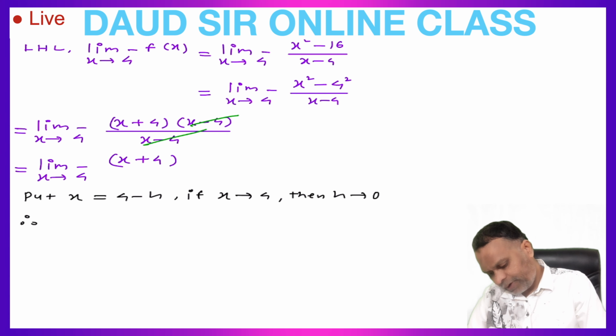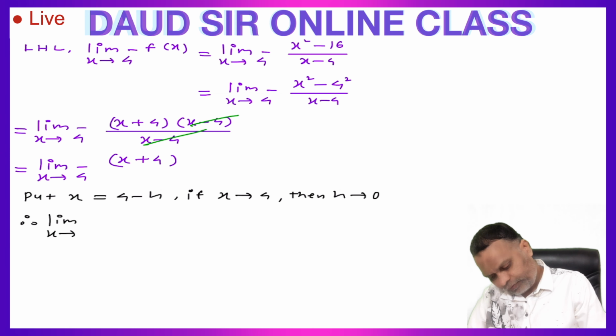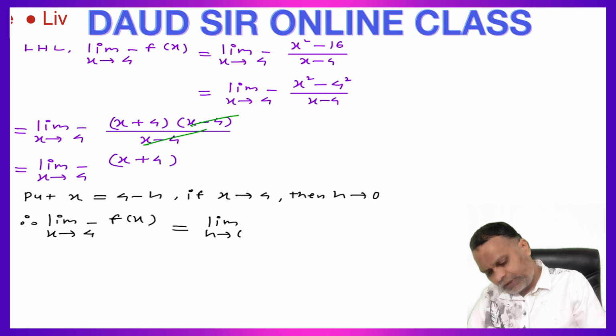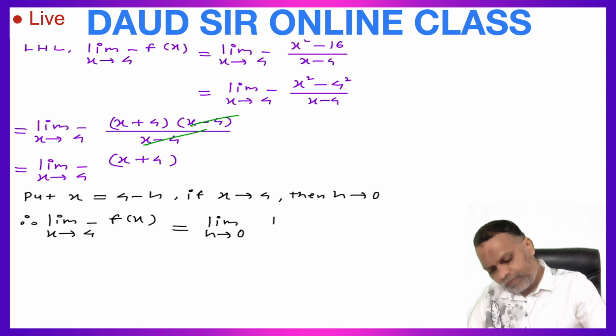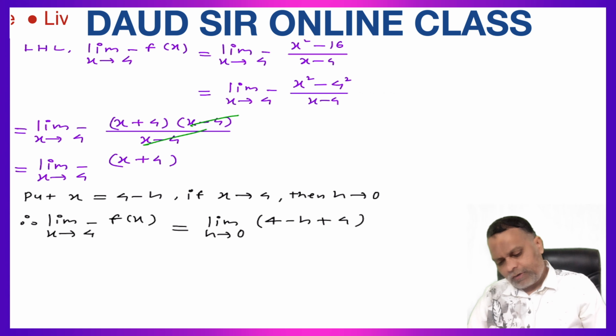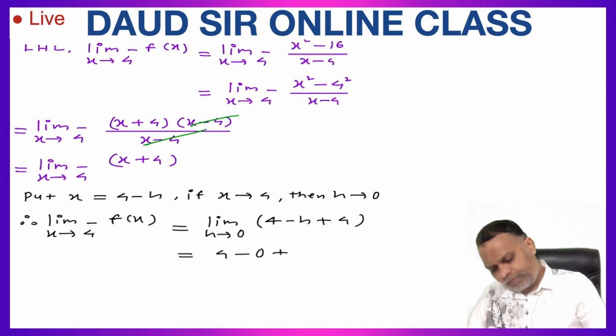Therefore the left hand limit will become limit h tends to 0, x is equal to 4 minus h plus 4. Substitute h is equal to 0. 4 minus 0 plus 4, 4, 4, 8.